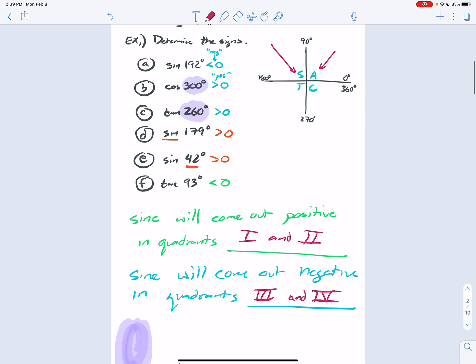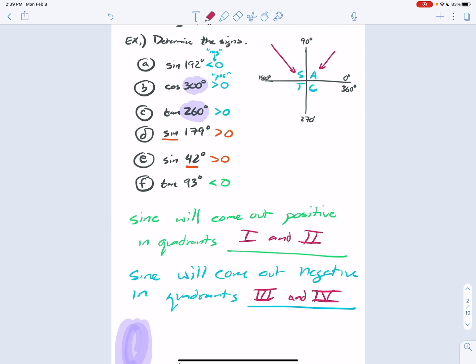Okay, now the next few I'm just going to ask you guys, make sure you guys answer it. When will cosine come out positive? Press play when you're ready. Cosine will come out positive in quadrants 1 and 4. Okay? When will cosine come out negative?